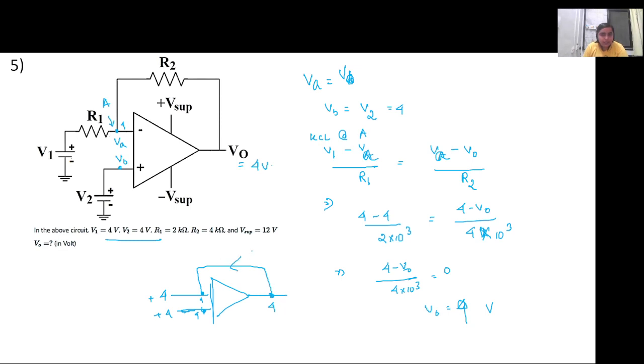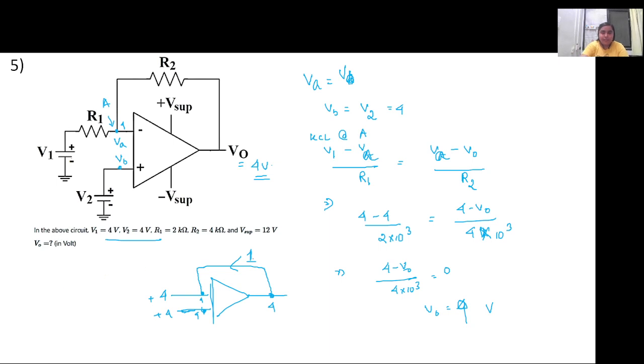No resistance or anything is connected, so this is a unity feedback loop, right? Although in this case there are certain resistances connected across it, we end up getting the output voltage to be 4 volts. So basically this particular circuit is a unity gain feedback, closed loop circuit.